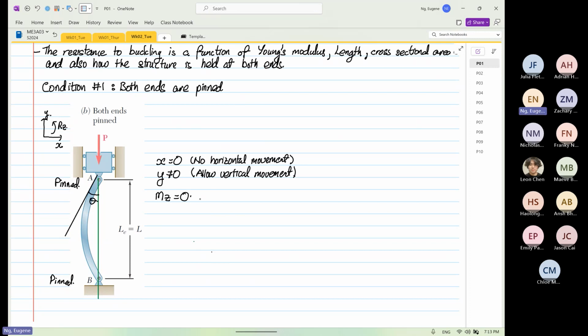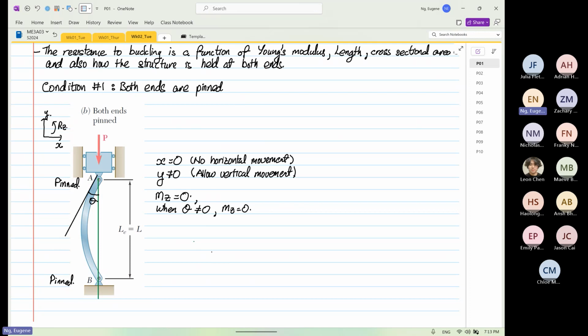So theta is not equal to 0, but Mz is equal to 0.